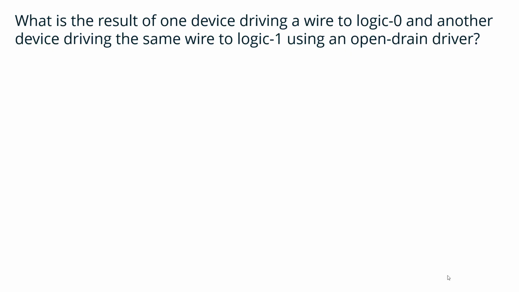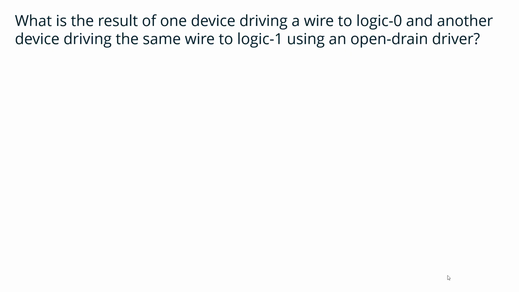You allow the pull-up resistor to bring it up to logic 1. And this part's a little confusing. If my intent is for that to be logic 1, then I'm just going to not do anything and just claim that I'm driving that to logic 1.